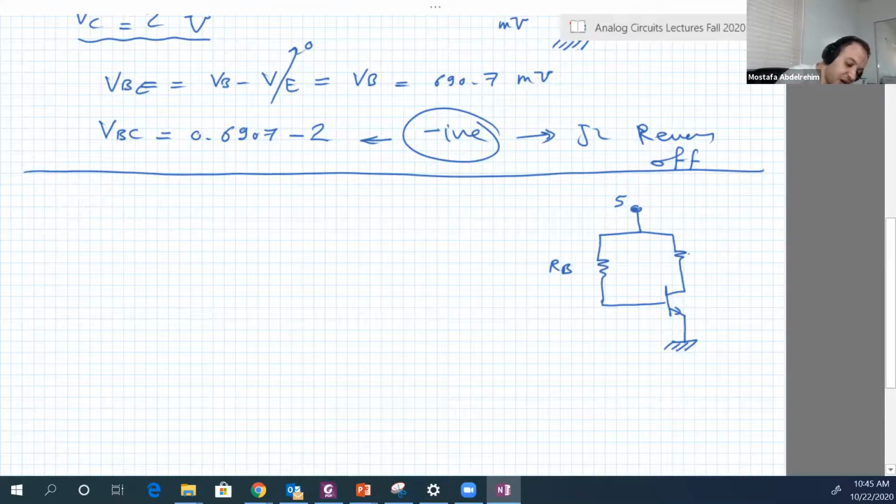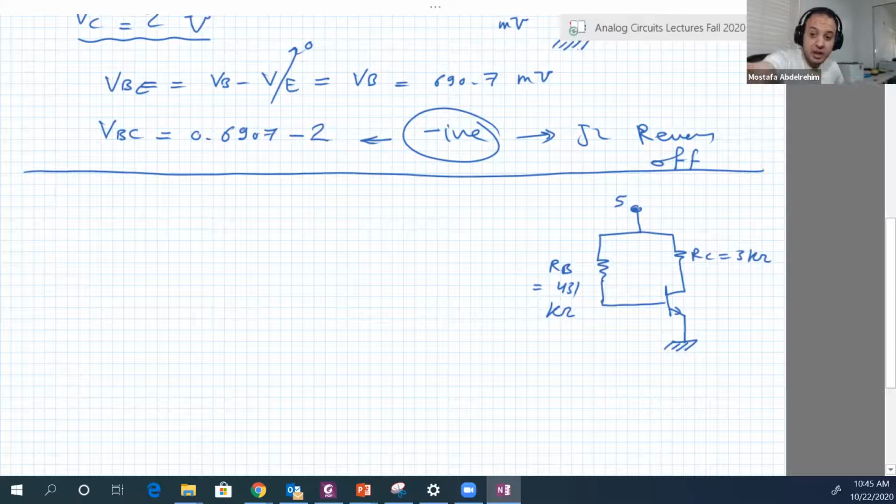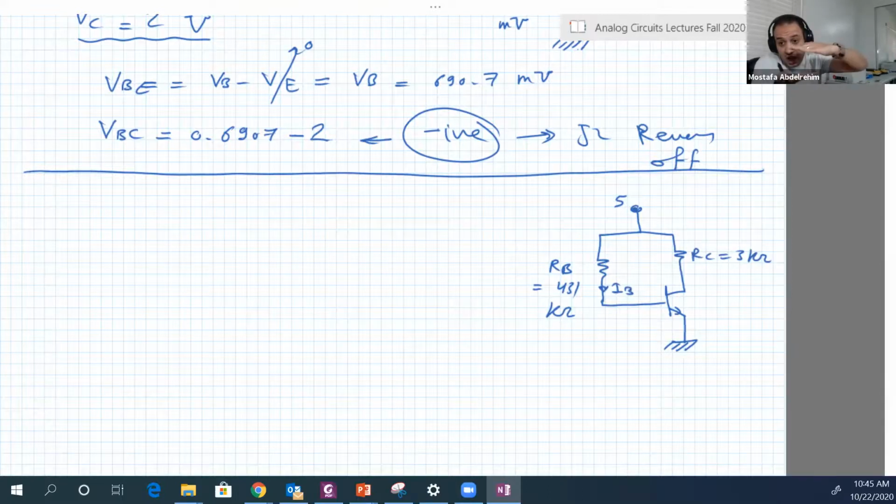So here we have 5 volt, RC still 3 kilo ohms, and RB is equal to 431 kilo ohms, a very big one. Usually you'll find that the resistors in which IB is flowing are very big, because IB is usually very small. Why is this? Because the base region in the transistor is very thin, so there is a very small contribution from the base to the whole current.